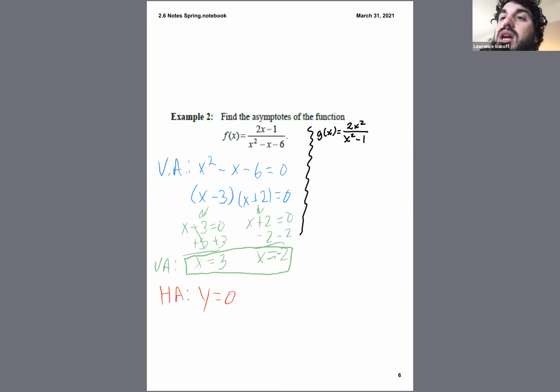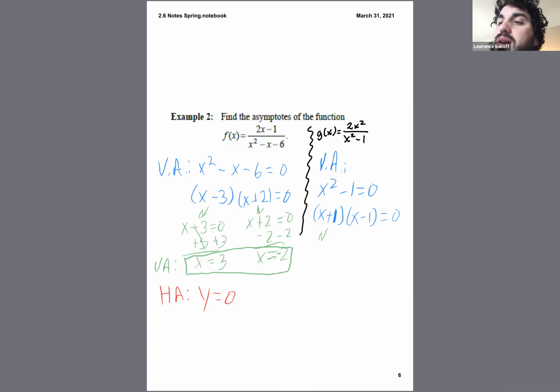So here, again, same thing happens for my vertical asymptotes. I'm just going to look at this as x squared minus 1 equals 0. Oh, this factors: x plus 1, x minus 1 equals 0.